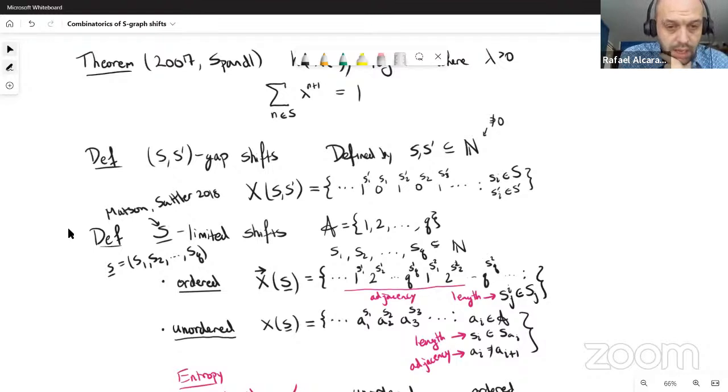Okay. Yeah, and the last one. So you mentioned that this class, the S-graph shifts, contains all the shifts of finite type, right? Yeah. So what about sofic shifts? I forget. I had this question once, and I forget whether I actually worked it out or not. I suspect not, but I don't remember whether this is actually the case.